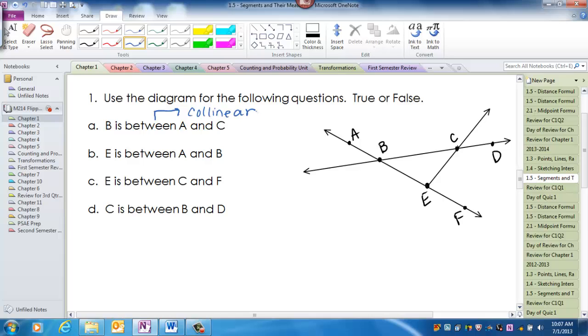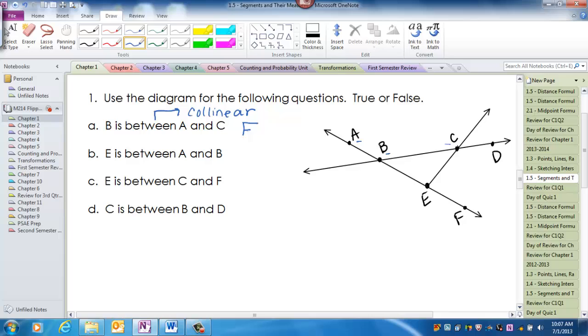And then the second part, B has to be in between A and C. Well, right off the bat, if you see point B right here, is that collinear on the same line with A and C? Since it is not, right away we can say that this statement is false.